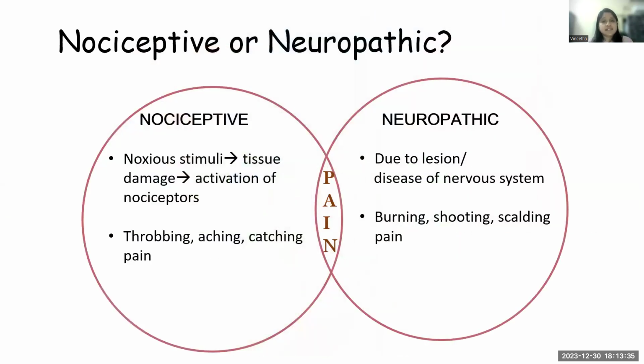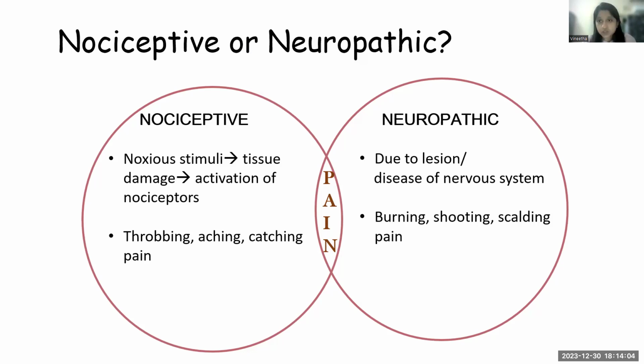Now coming to the next classification, that is nociceptive pain or neuropathic pain. I have seen this tendency even with pain management physicians: the moment the patient says that my pain is not controlled on analgesic, we just go up the analgesic ladder. But we need to spend some time to figure out the cause of pain, the etiology, the pathophysiology, and the nature of the pain, whether it is nociceptive or neuropathic.